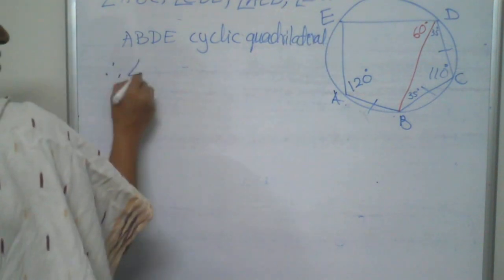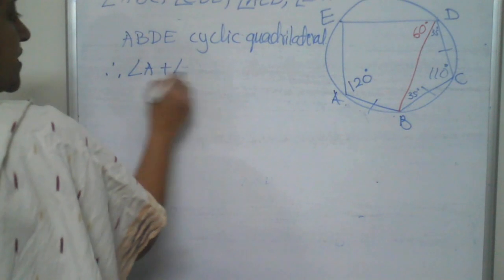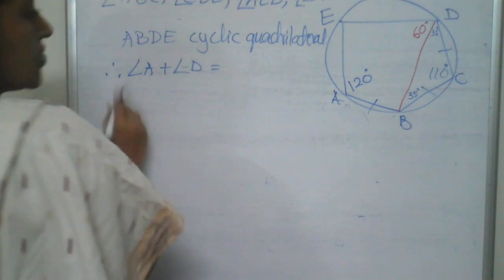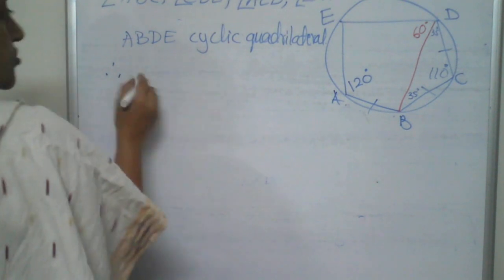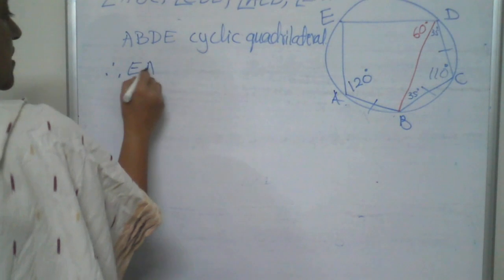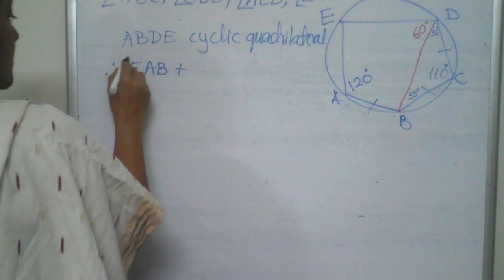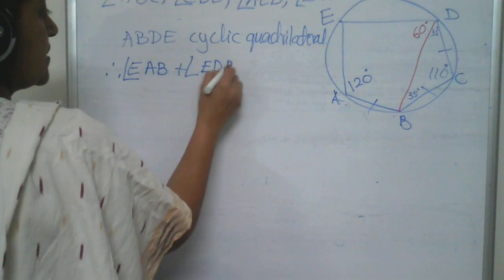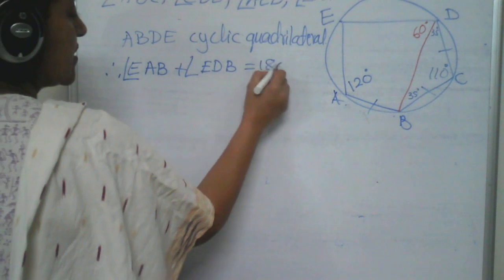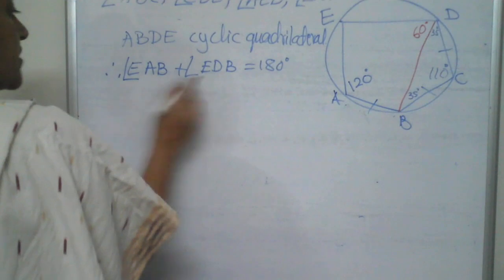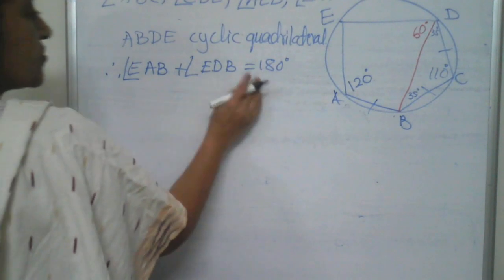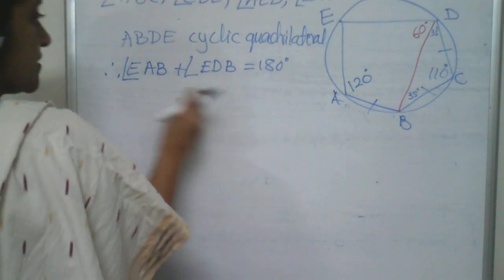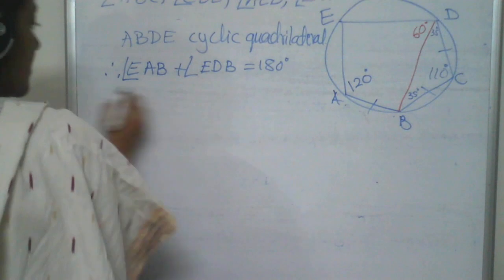Therefore angle A plus angle D is equal to, or you can write in a 3-letter name also so that there is no confusion, EAB plus angle EDB is equal to 180. Writing the reason is very important so that you don't miss out any mark or you don't lose any mark.